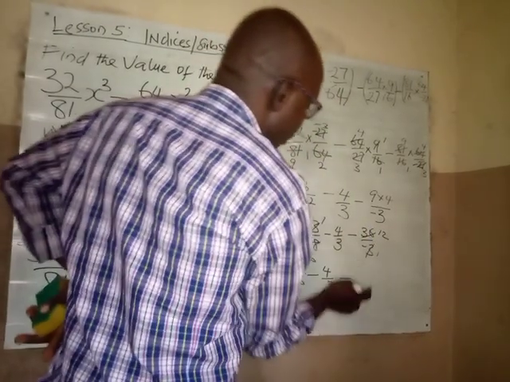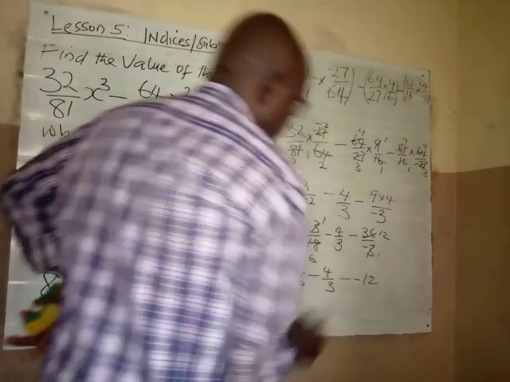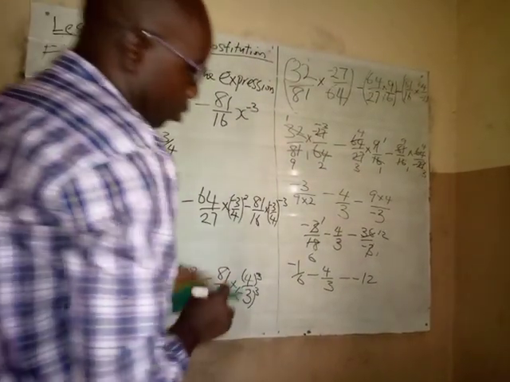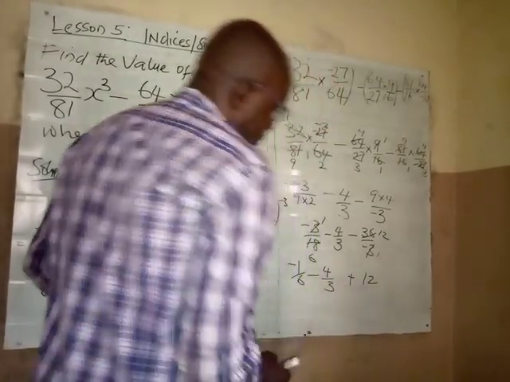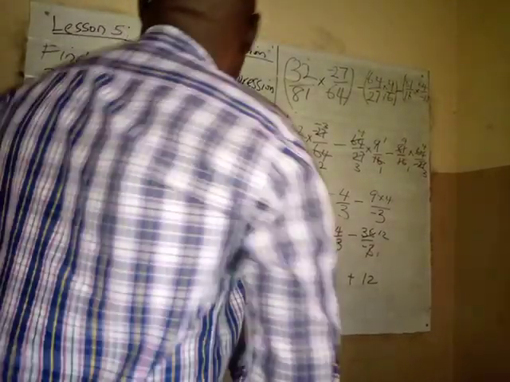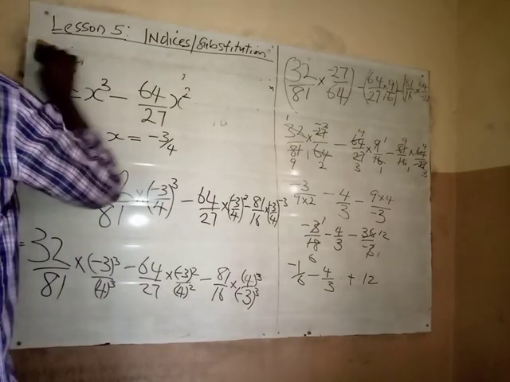So I have 2 minuses here, minus minus 12. When minus occurs 2 times, this will automatically turn to plus. So I have plus 12. Okay, I can find the LCM. Let me work it out.